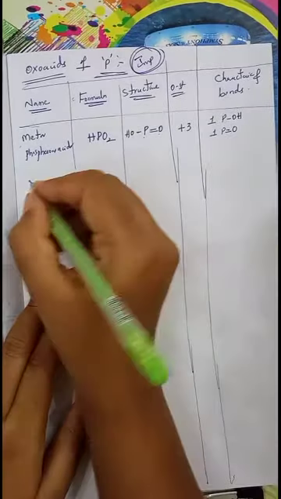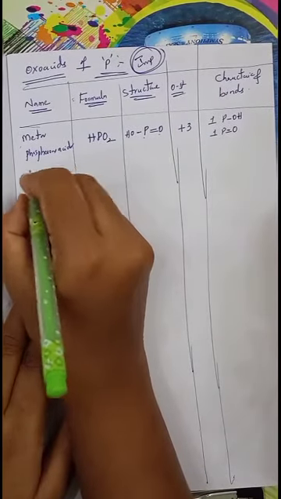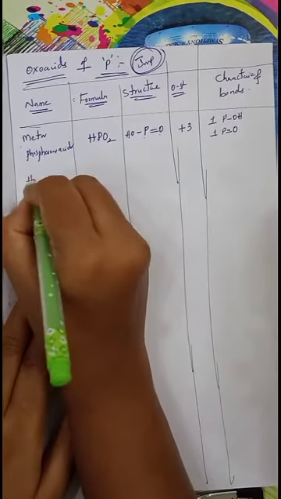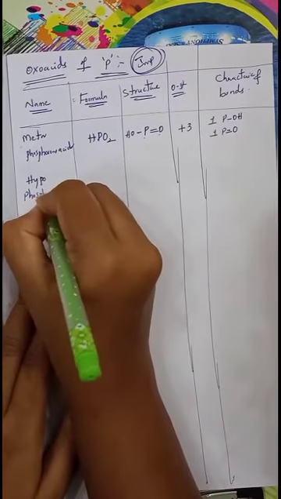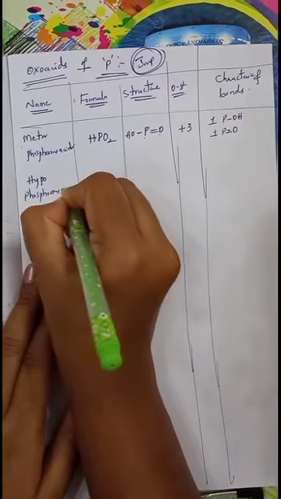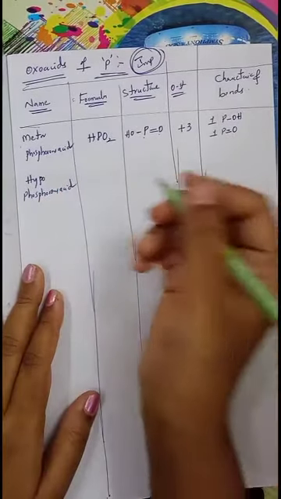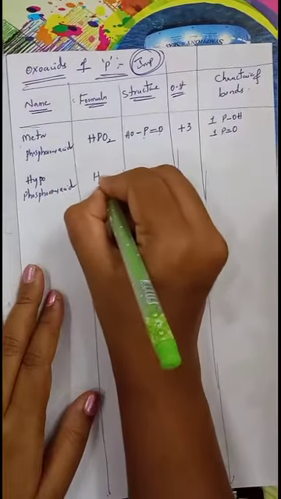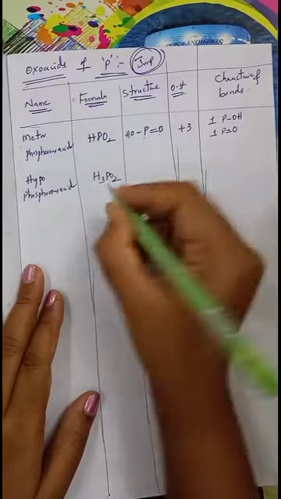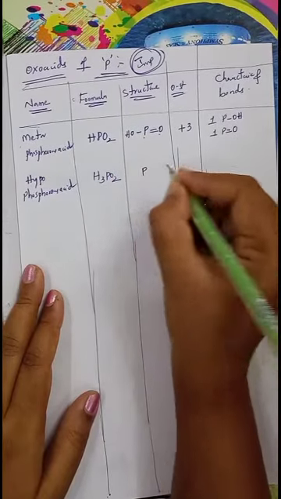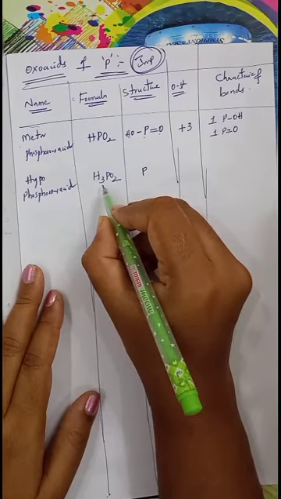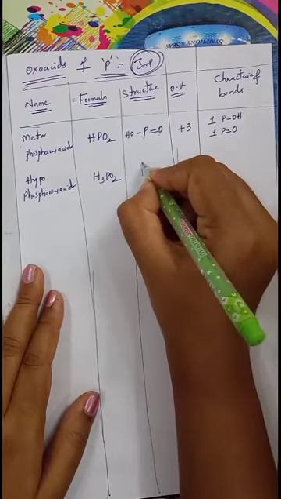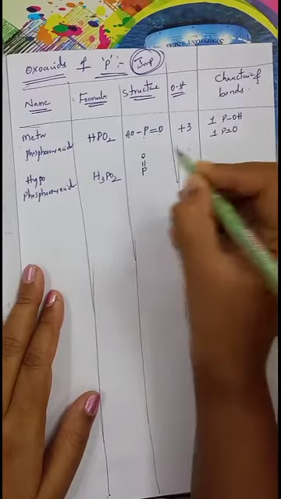Next type of oxoacid is hypophosphorus acid. The hypophosphorus acid formula is H3PO2. The central atom, first you just write, is phosphorus. Total number of hydrogens is 3 and oxygens are 2. The first oxygen will always make a double bond with phosphorus.